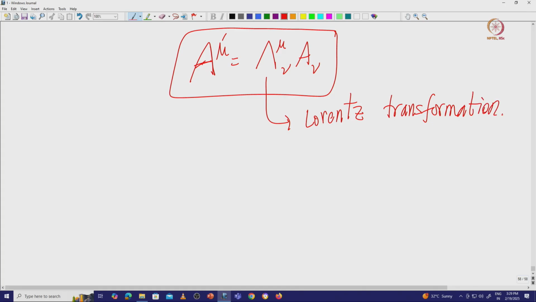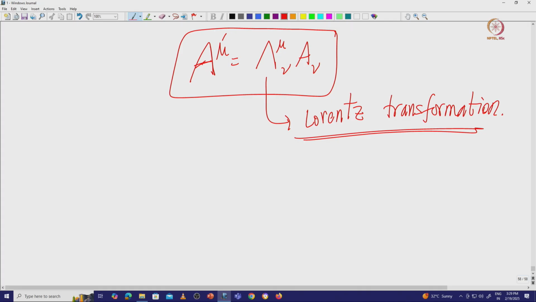We will see the explicit form and the conditions on this Lorentz transformation later on, but for the present this is fine, because I am assuming you all know the Lorentz transformation: x minus v t by c and those things.